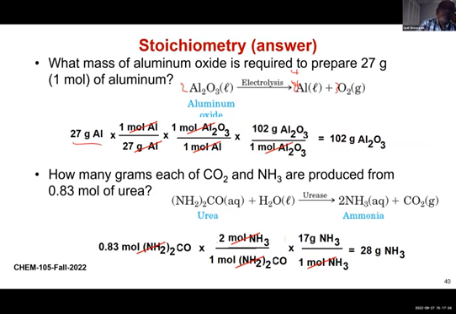You start with 27. Convert, this is the aluminum molar mass, divided by molar mass. Then 1 mole of aluminum is 4 moles of aluminum. This is a mistake here. 4 moles of aluminum here. Therefore, 4 here.